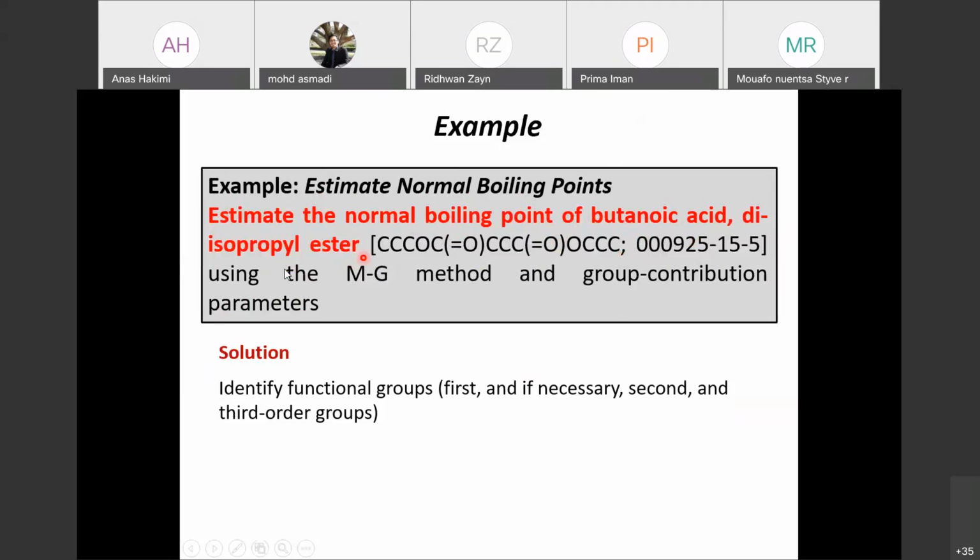And then by using the MG method and group contribution parameters, you have to estimate the normal boiling point. If you look at here, the solution is we have to identify the functional group, which is first order first, and if necessary second and third order groups. So for CH3, this one is for CH3.